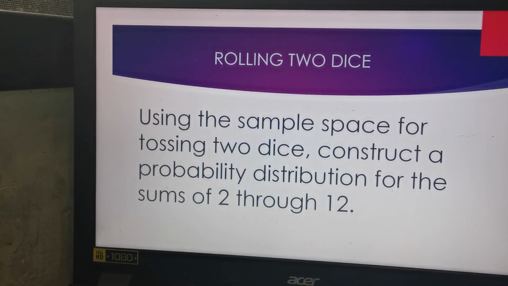Rolling 2 dice. Using the sample space for tossing 2 dice, construct a probability distribution for the sums of 2 through 12. So, gagawa daw tayo ng sample space ng 2 dice.